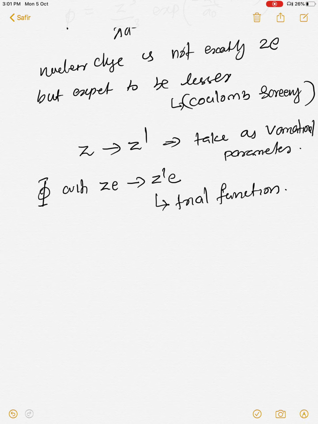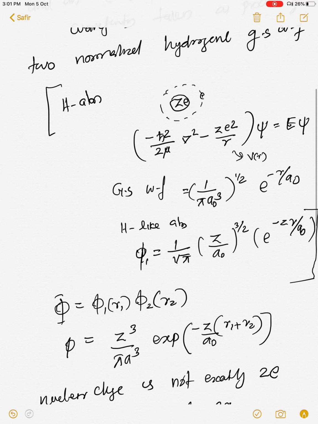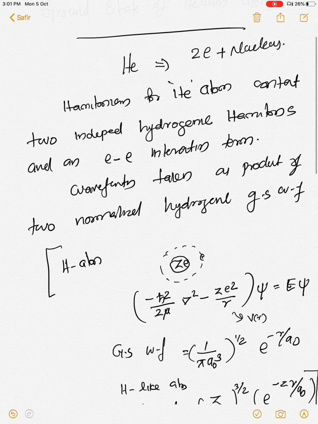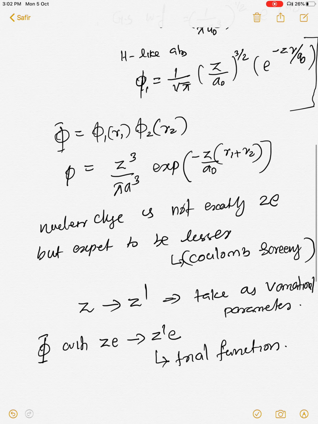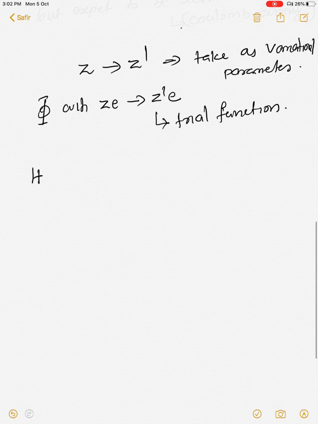Now I come back to the Hamiltonian. I define the Hamiltonian as two independent hydrogen Hamiltonians plus the electron-electron interaction.